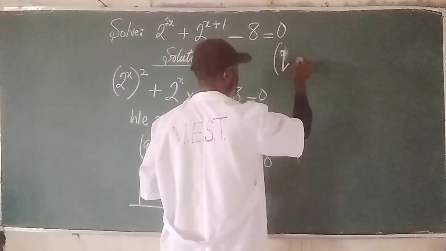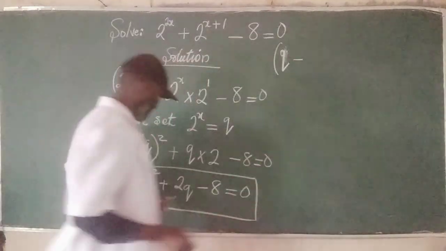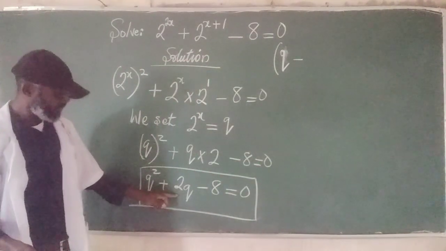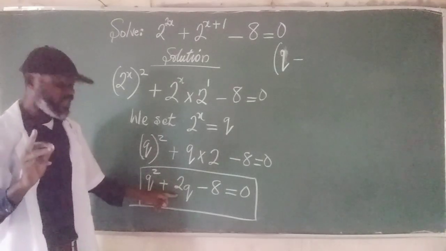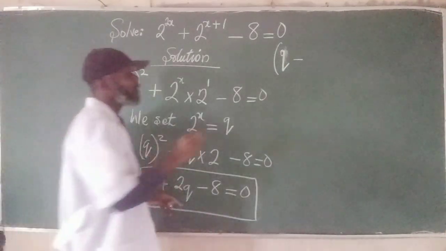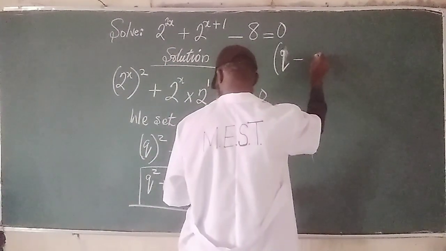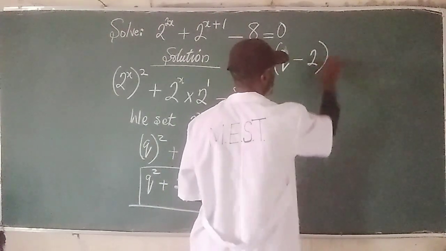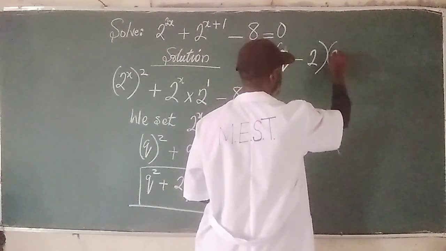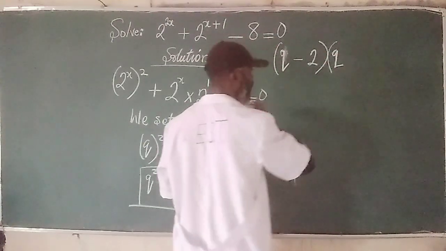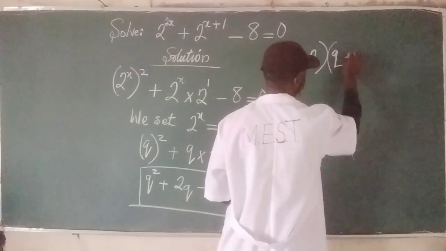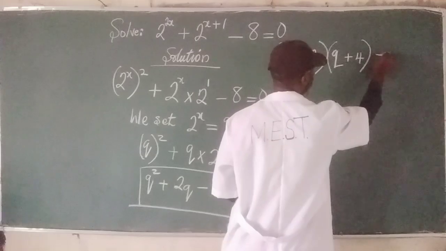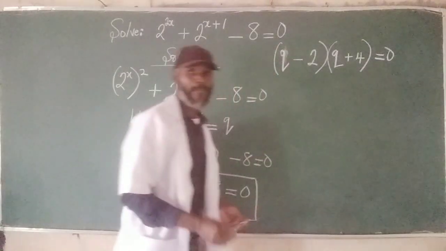Q, bracket open, Q minus 2, and then Q plus 4, all equal to 0.